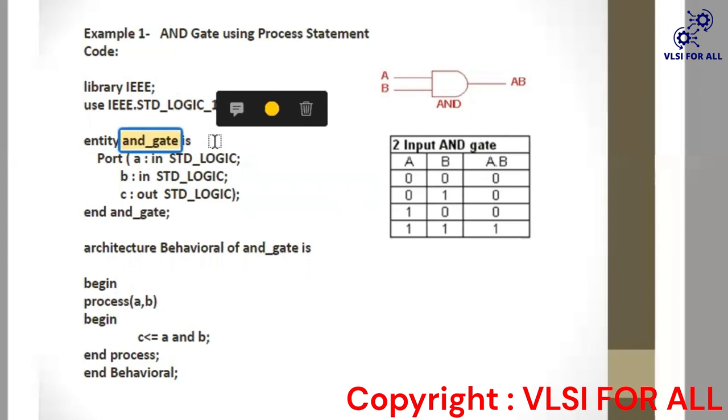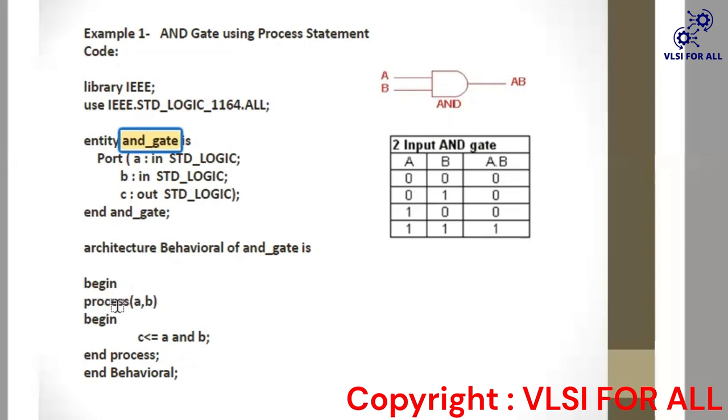After that we declare the ports: A is an input port, B is an input port, and C is an output port. Then we end the entity, and as you know, after the entity in VHDL we write the architecture. We use architecture behavioral for the AND gate, and we begin our architecture and process A, B.